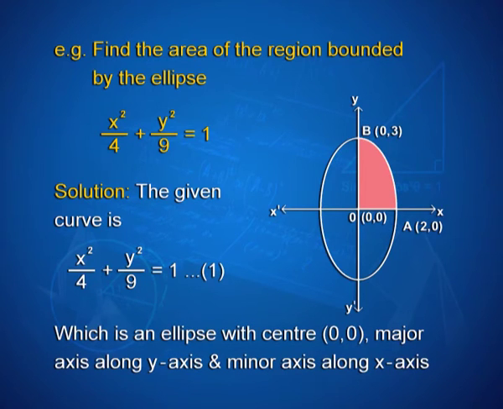This is an ellipse with center at origin 0 0, major axis along y axis and minor axis along x axis. Here we can see this is y axis, this is x axis with a as 2 0 and b as 0 3, and here is the origin 0 0.